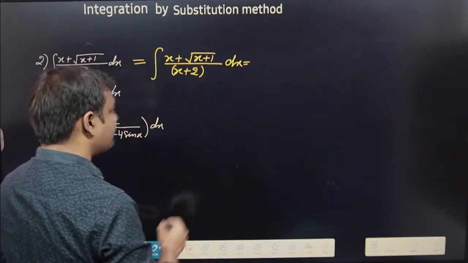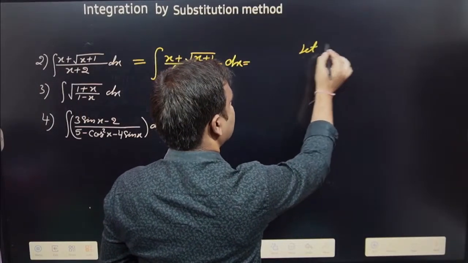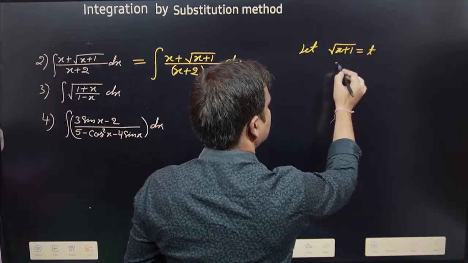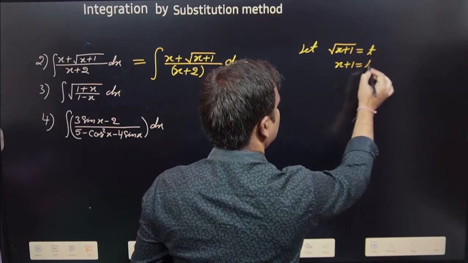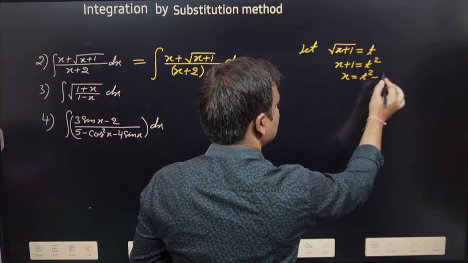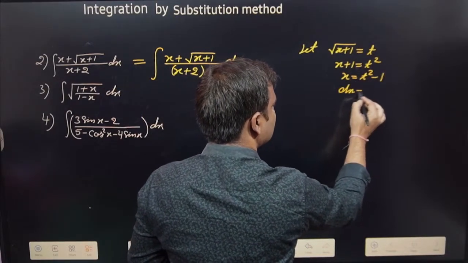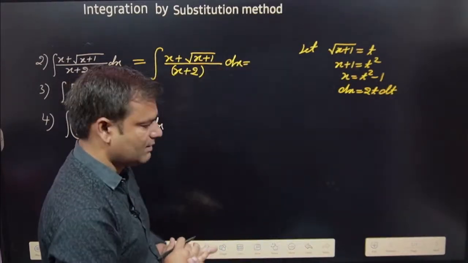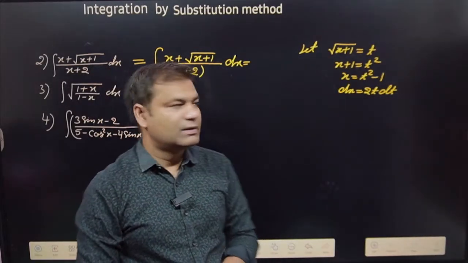Let root of x plus 1 be equal to t. So x plus 1 is equal to t square. So x is replaced by t square minus 1 and dx is replaced by 2t dt. I hope it is clear.